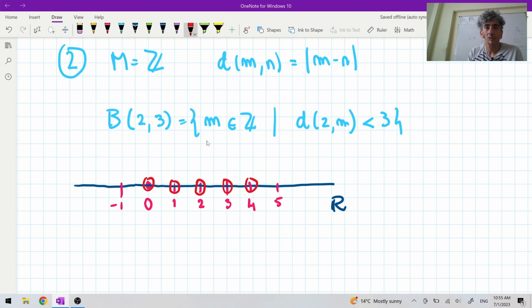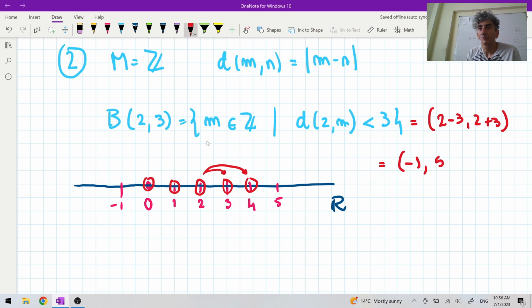You know, this has distance 1, this has distance 2. So when you take a look at this, what you get is this interval, right?